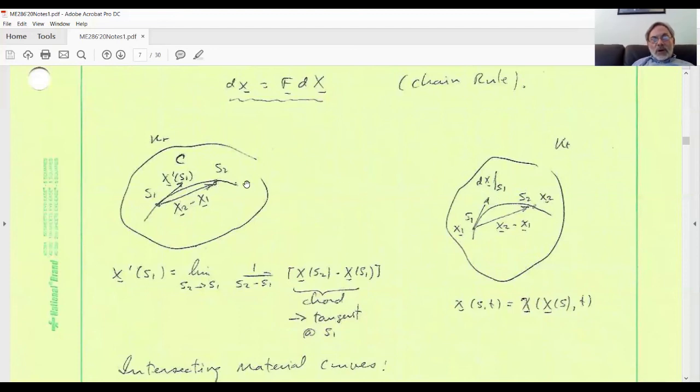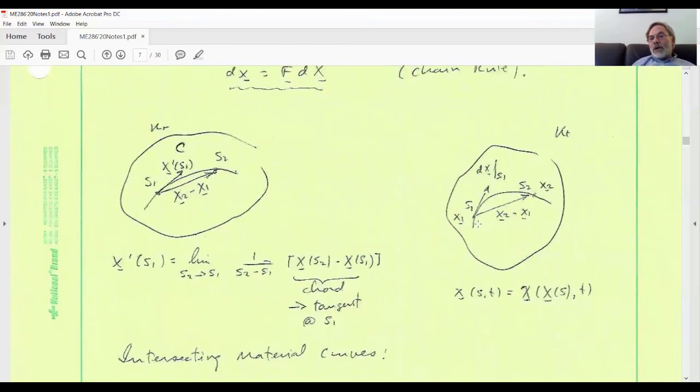We continue to use the parameter s to parameterize the curve, although in this configuration, s no longer measures arc length, because we imagine that in the course of deformation, we have stretched and rotated the curve, maybe compressed the curve in length, so that if S2 minus S1 was measured length in the sense of a tape measure stretched along the curve, conforming to the curve, then S2 minus S1 would no longer be an indication of arc length along the curve.